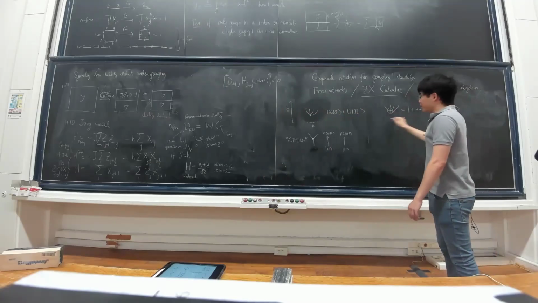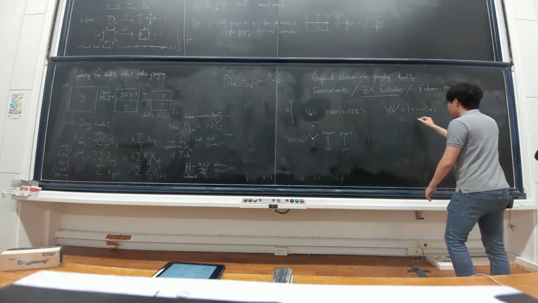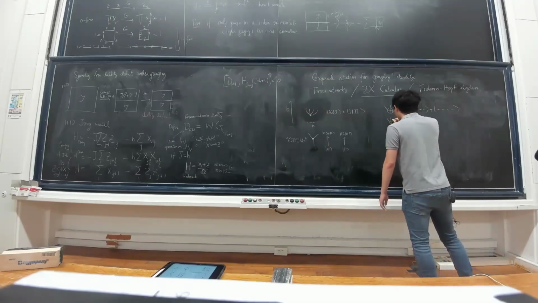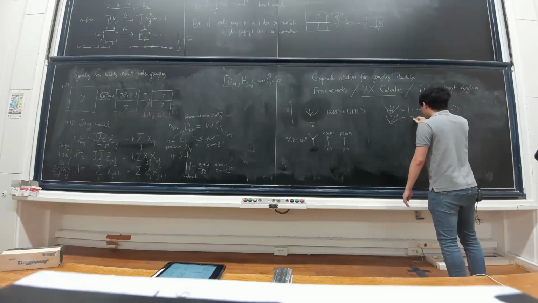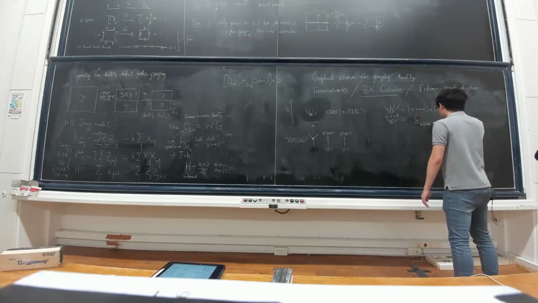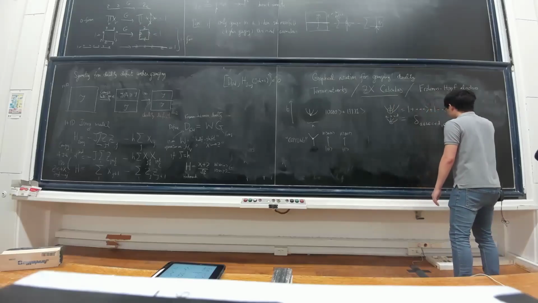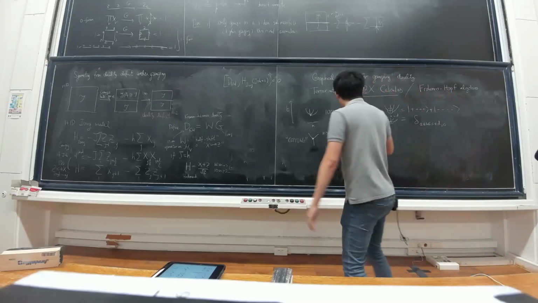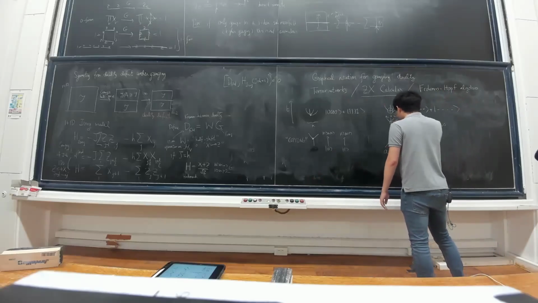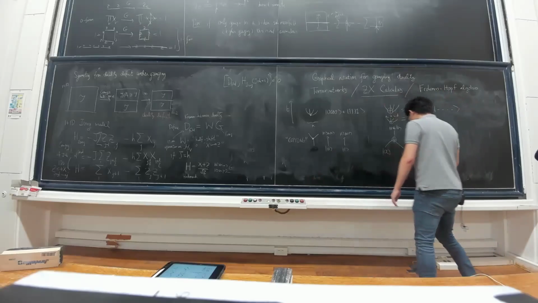And if you expand it in the 0, 1 basis, it turns out, suppose I say this is A, B, C, E, it's just going to be a delta function where the addition mod 2 is 0. So I'm going to call this a sum tensor because if I input A and B, the output will be A plus B. Okay.